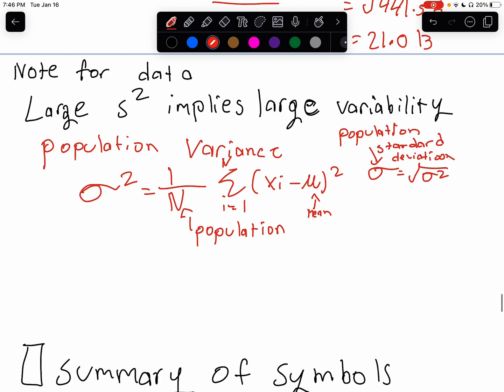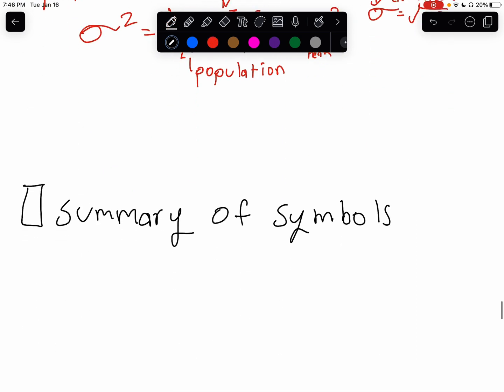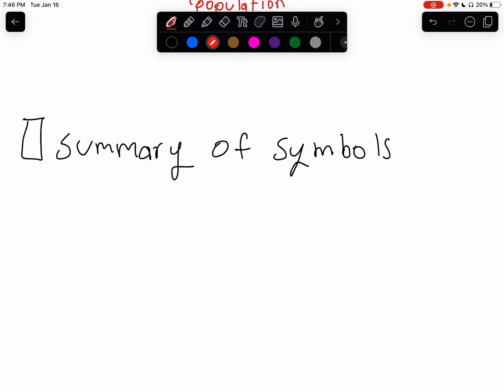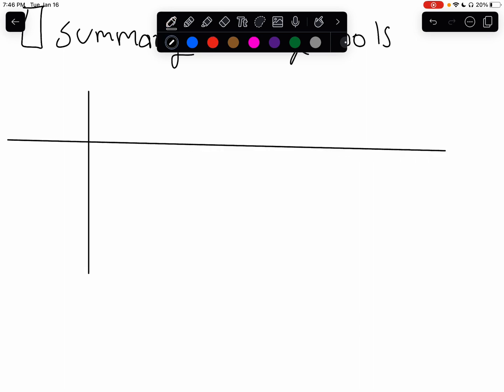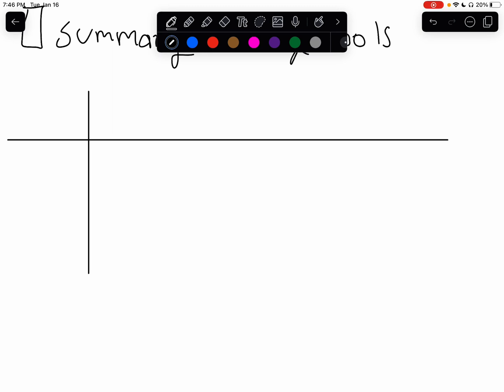All right, so our next one is just a summary of the symbols. We'll make a little chart here, going across the middle, to organize them all. We have population and we have our sample.